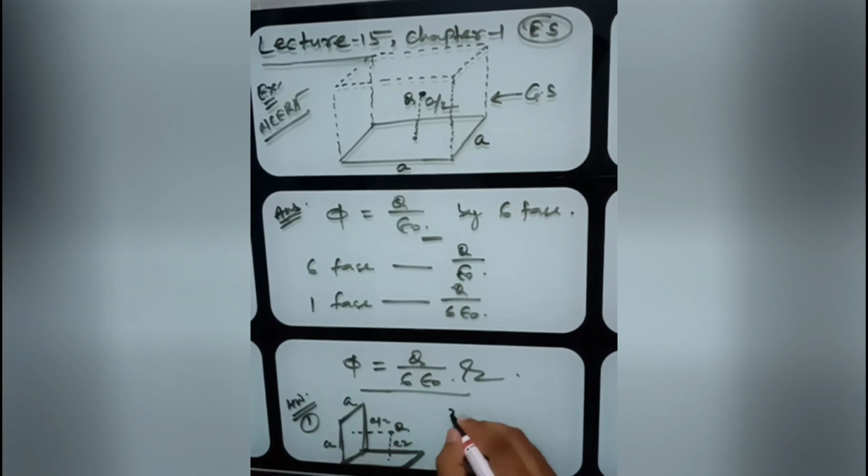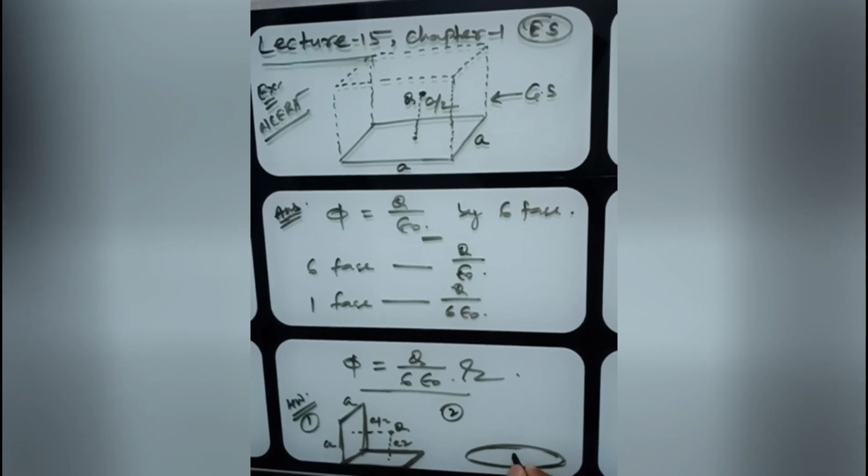And the second one, this is a little bit tough, but after a few practices you can solve it. This is a circular plate. This question we will discuss in the classroom program, student.